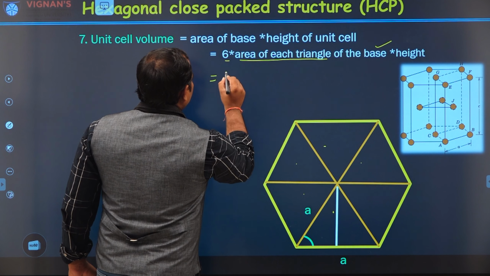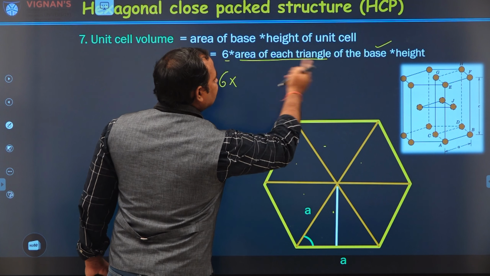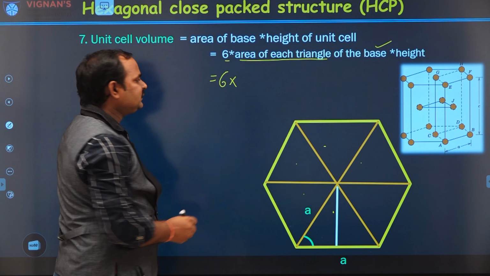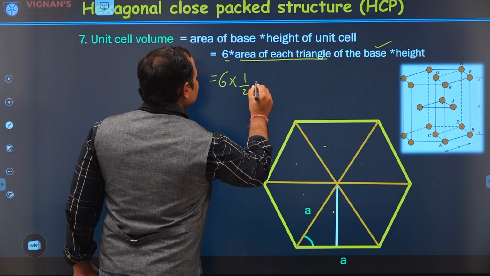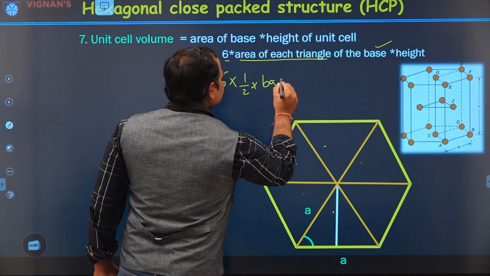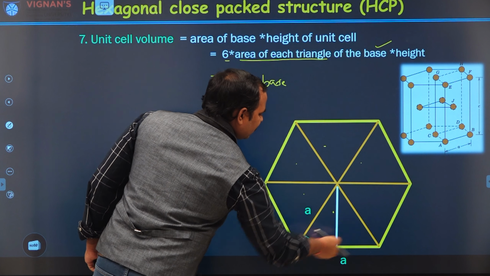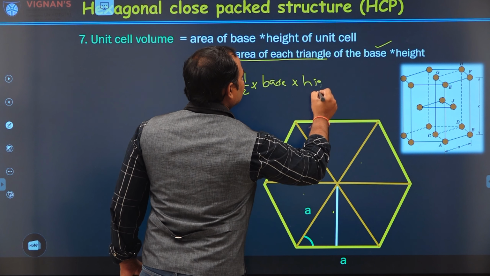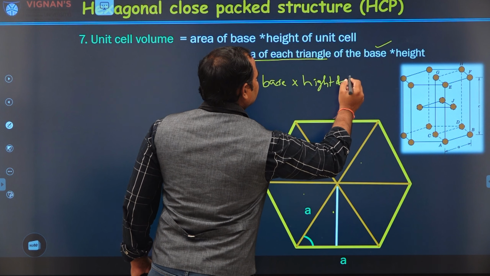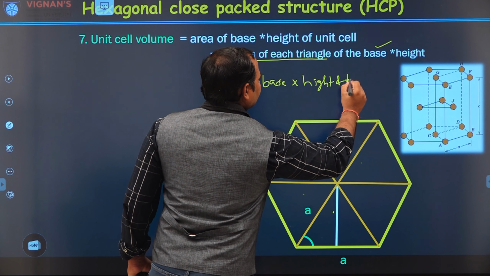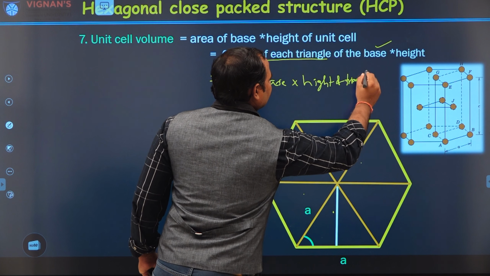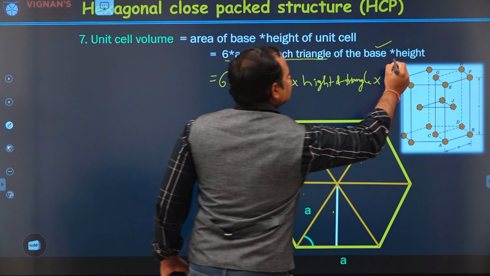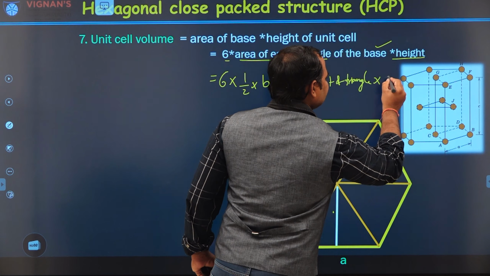So 6 into area of the triangle. The area of the triangle, the formula is half into base into height of the triangle, into the height of the unit cell, that is c.